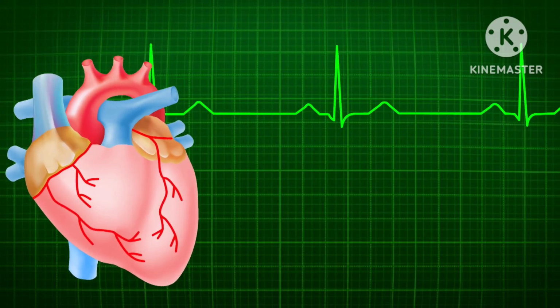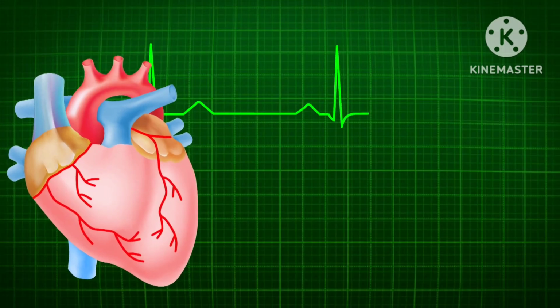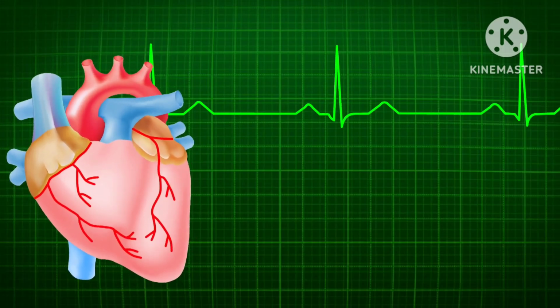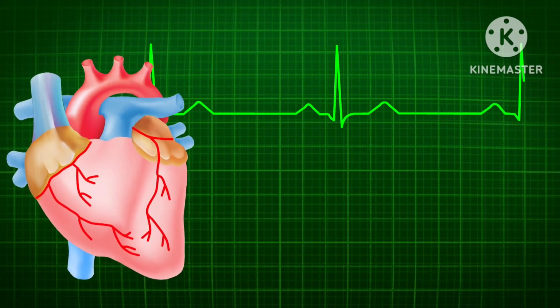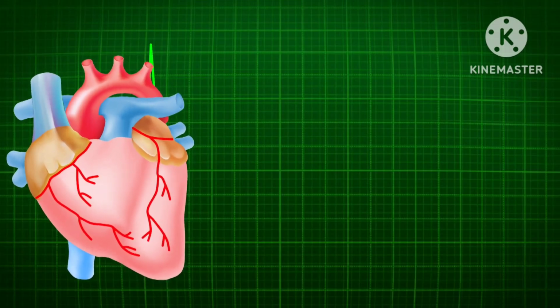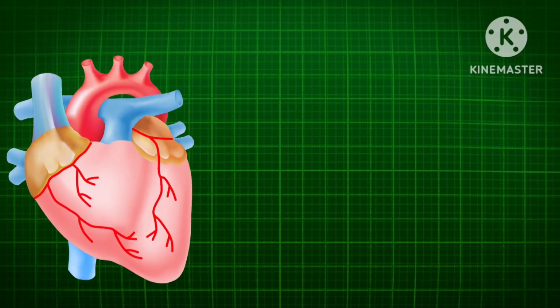This oxygenated blood flows to the left side of the heart. The left side pumps this oxygenated blood to the body. The heart also has valves to keep blood flowing in one direction.